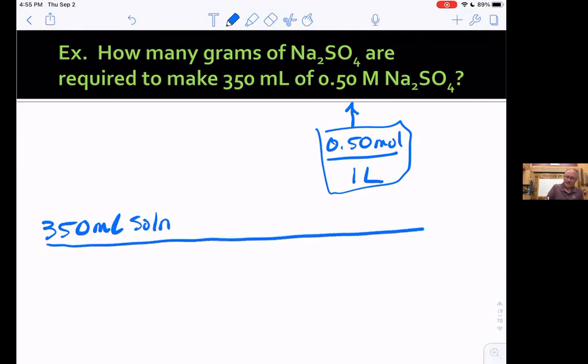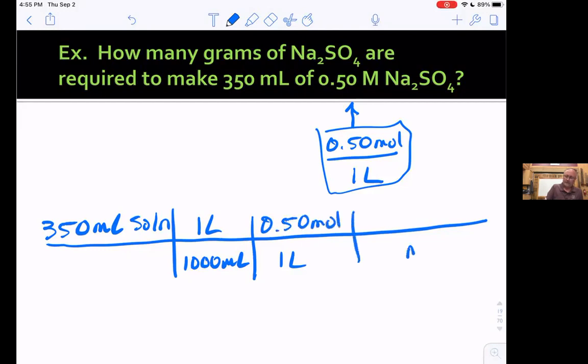I would change that to liters of solution and then use your molarity as a conversion factor to find moles and then molar mass to find the grams. So here I have 350 milliliters. I would change my milliliters of solution to liters of solution. And then my conversion factor from liters to moles is going to be my molarity. And at that point, I can use my moles to grams using my molar mass.